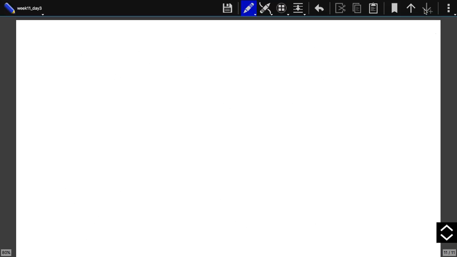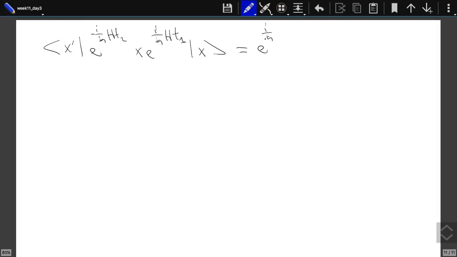remember this matrix element that we were looking for. This was equal to, well, we have e to the power i over h bar S classical, without the j.